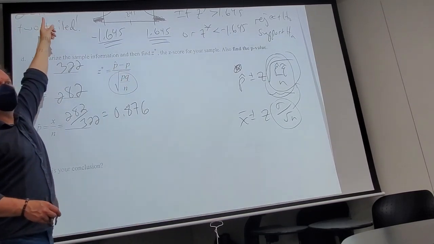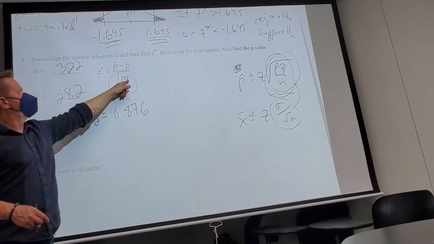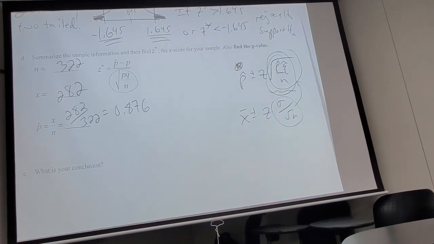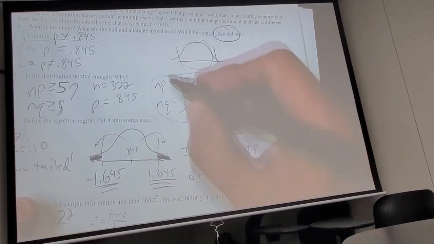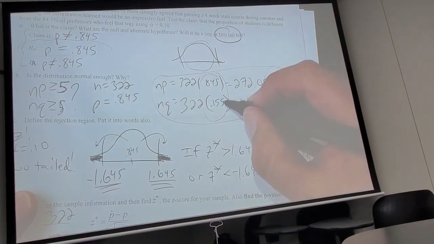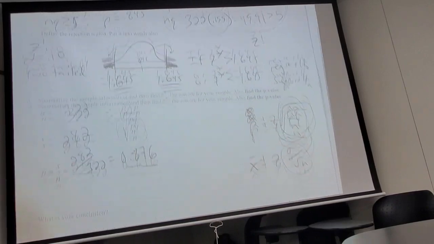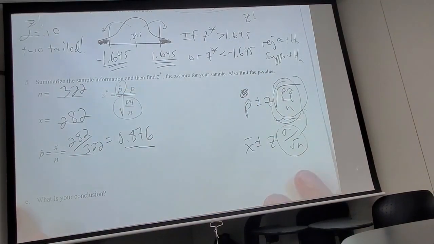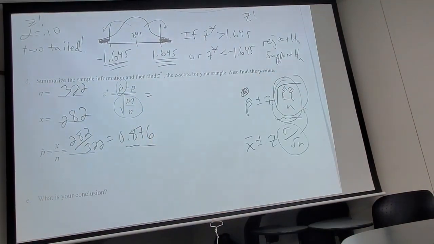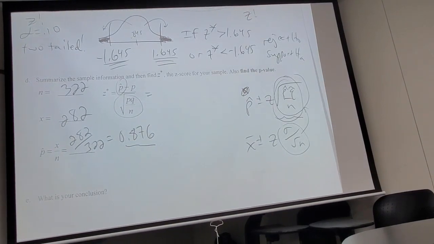This is the P from the claim. That's the P and the Q from the claim, right? The only place that our information goes is right there. That's the only place 0.876 goes. So see if you can't set that up and plug it in your calculator. I'll wait.